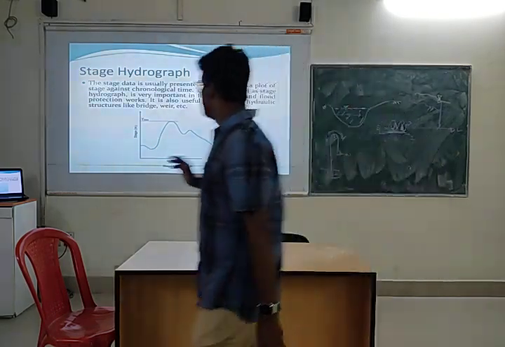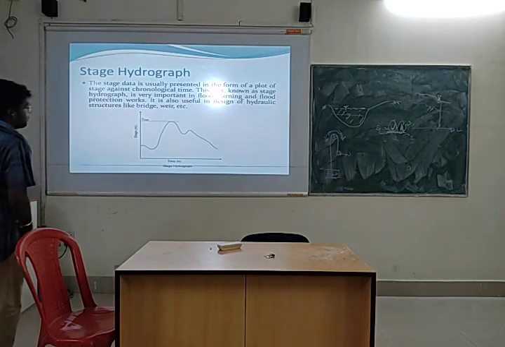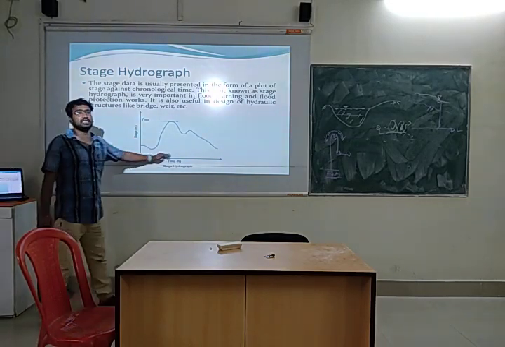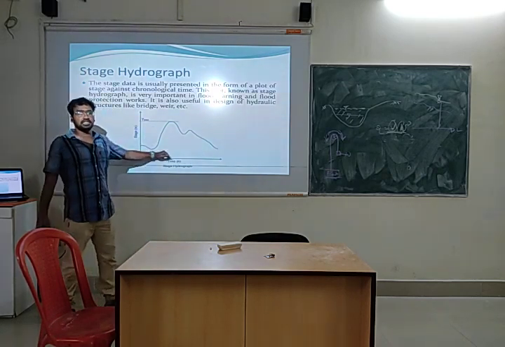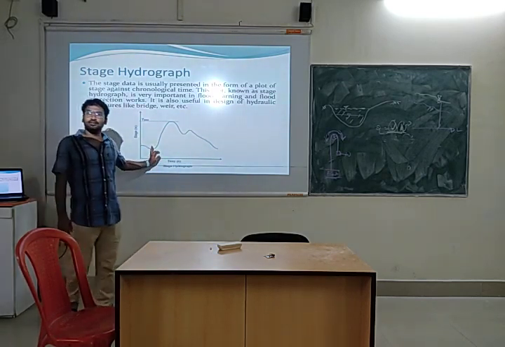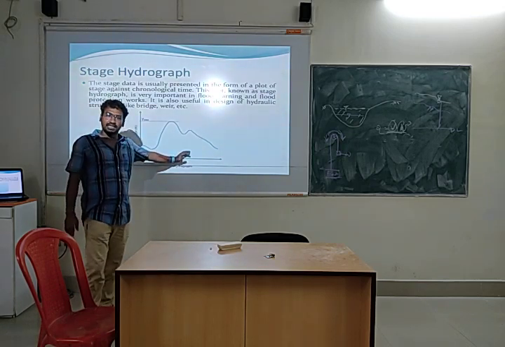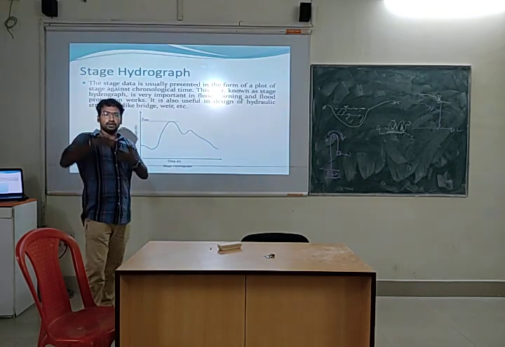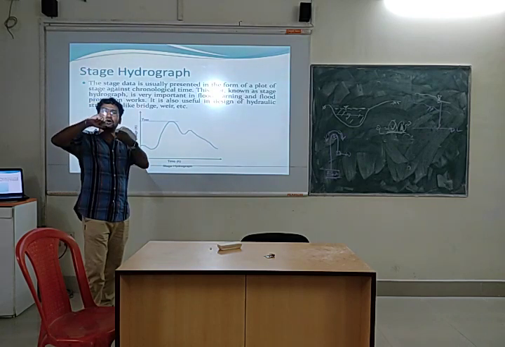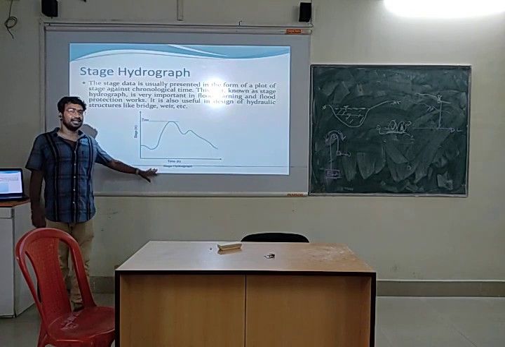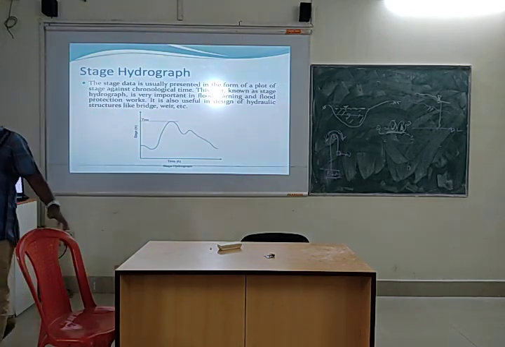Right. Okay. Now we are finding out this to find out this sort of graph, which actually includes stage versus time. Stage is nothing but the elevation, right? So various elevations with respect to time, nothing else. We will draw various stages or elevations with respect to time, and this sort of graph will be called the stage hydrograph.